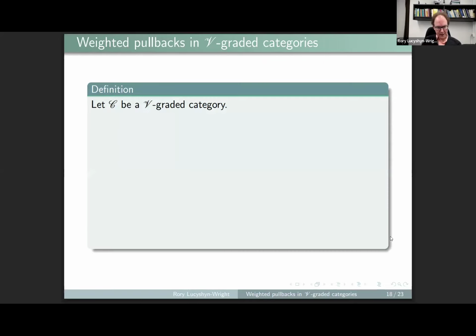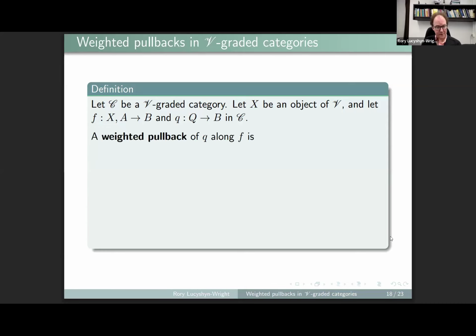As a definition, let C be a V-graded category. Let X be an object of V, and let F from X comma A to B and Q from Q to B in C be, of course, a graded morphism and then an ordinary morphism, respectively.